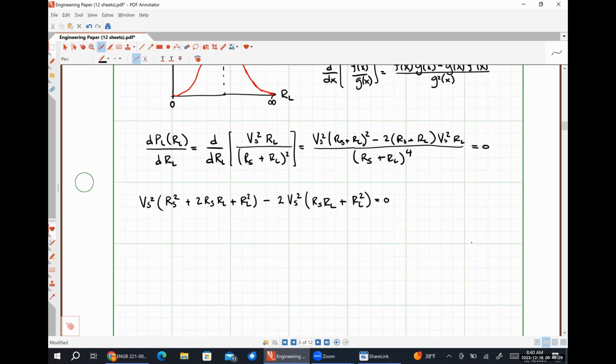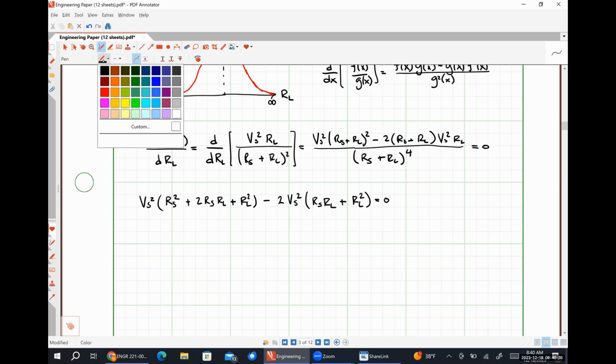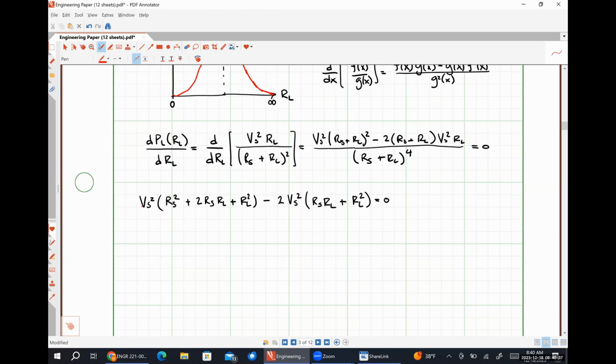All right, so the first thing that I can notice is that I have a common factor of VS squared on both sides. So this VS squared and this VS squared effectively are going to go away because I can just divide both sides by VS squared, and 0 over VS squared is still 0. That all works out okay. I have a positive 2 RS RL, and then I have a negative 2 RS RL. That's going to go away. And then I have RS squared plus RL squared minus 2 RL squared.